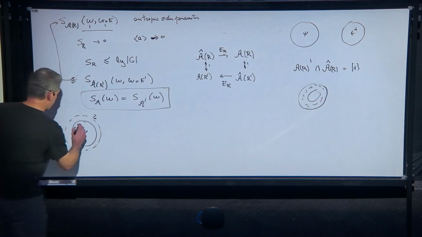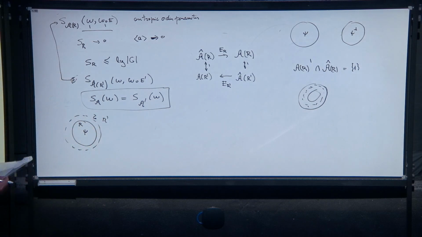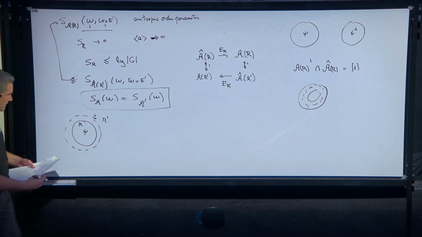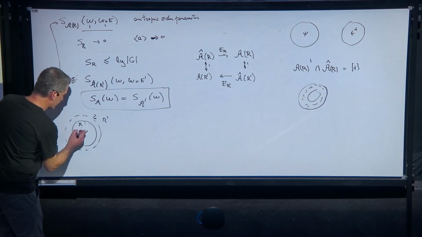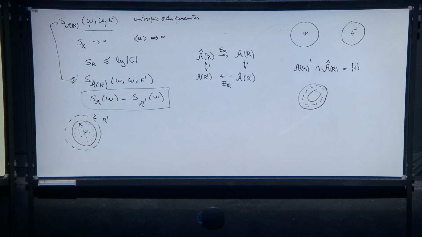So this is R, and this is R prime. And in order to do some calculations easily, I will suppose that we have a lattice, and there is here the charge operator in the lattice, so everything is finite.